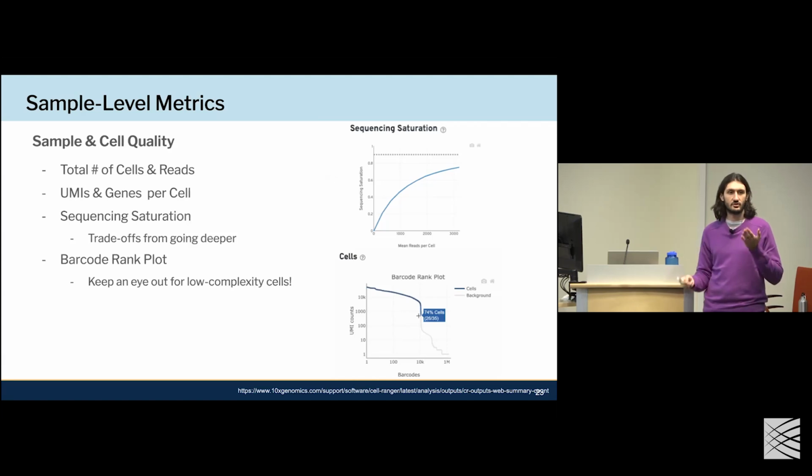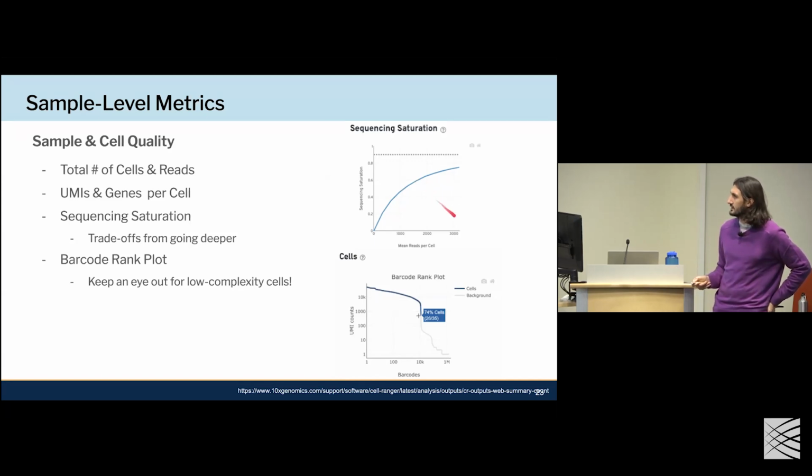So at some point there's this trade-off, right? Around here, let's say, in order to get a more complex library, more new information, you need to sequence way deeper. And in most of these cases, it's usually better to sequence more samples than to sequence one sample deeper, because you usually end up having enough information by 0.6, 0.7.